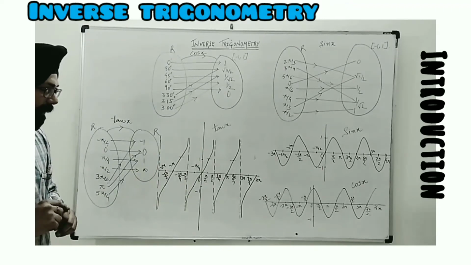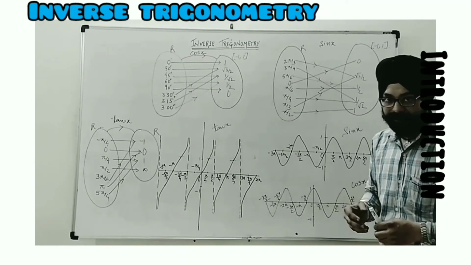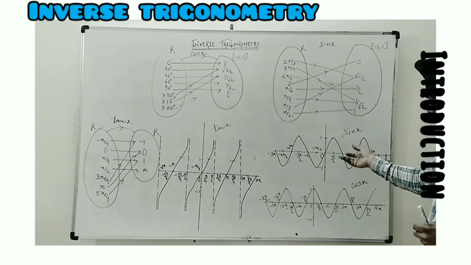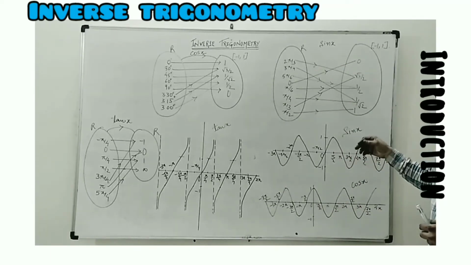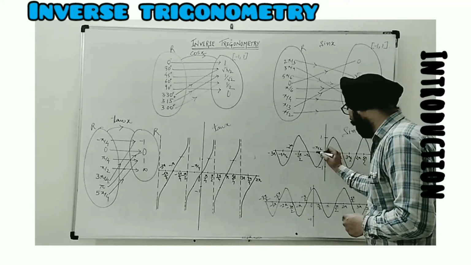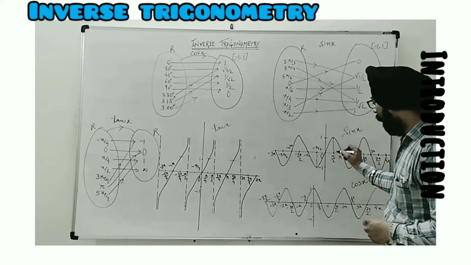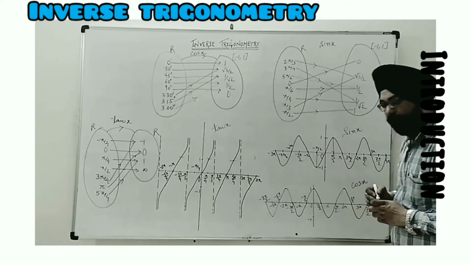I hope you understand. For sin x, we consider such an interval which is accessible, approachable. So we consider the interval for sin x from minus pi by 2 to pi by 2. You can see its nature.